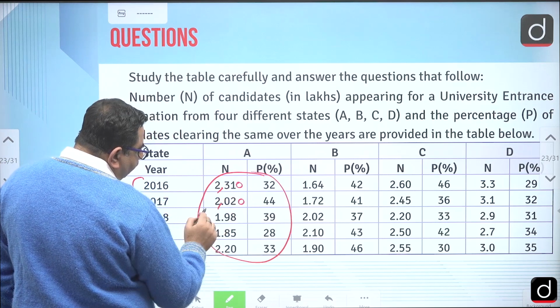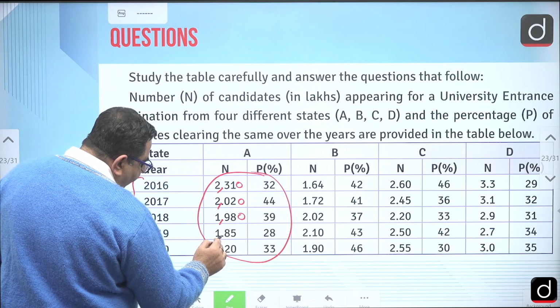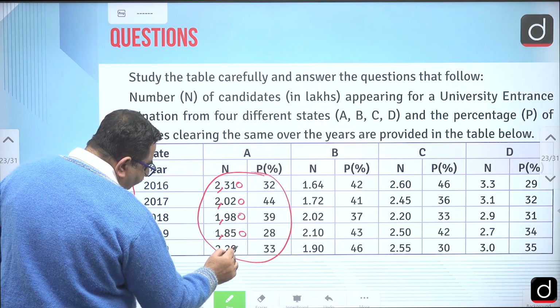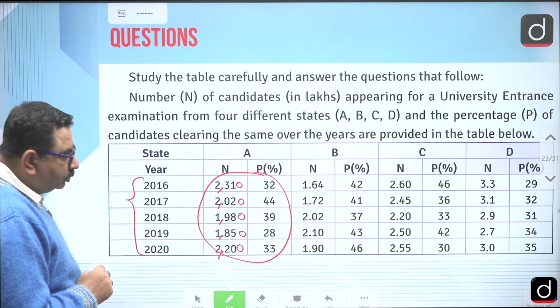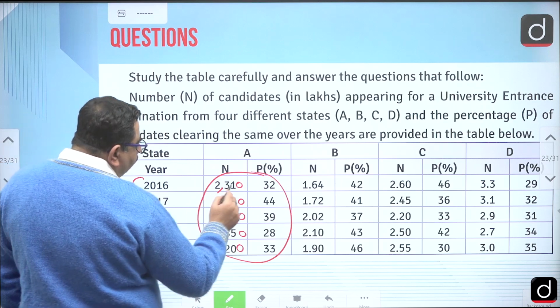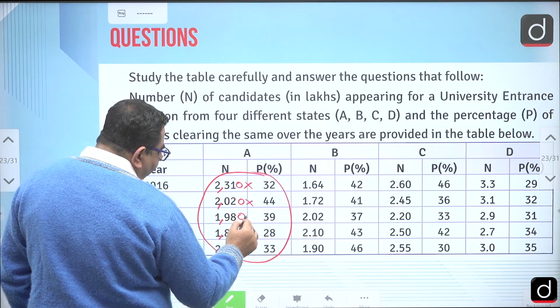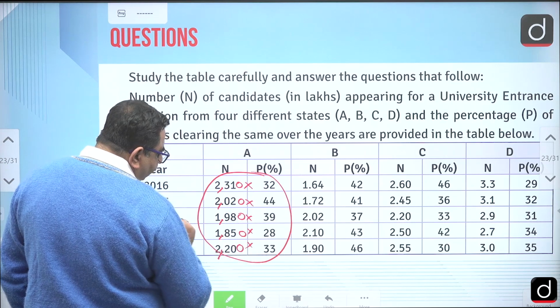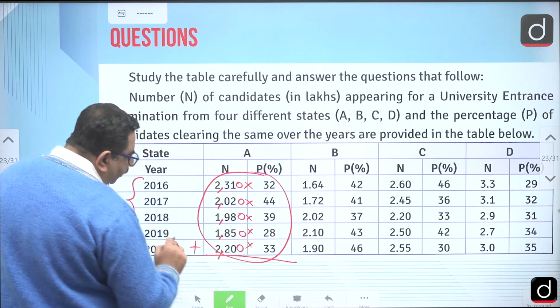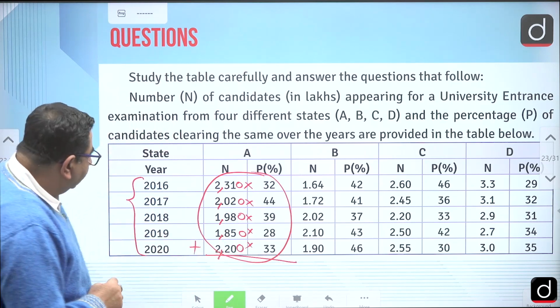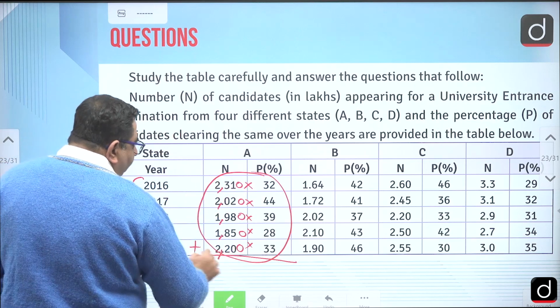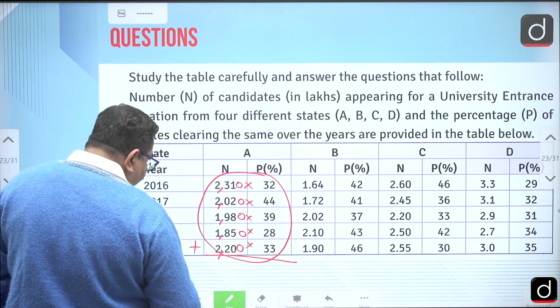Now these are the number of persons, so we will be getting exact values. Basically we have to find 2310 into 32 into this, into this, into this, and into this, and then do the addition of all. So let's see how we can make the calculation easier.